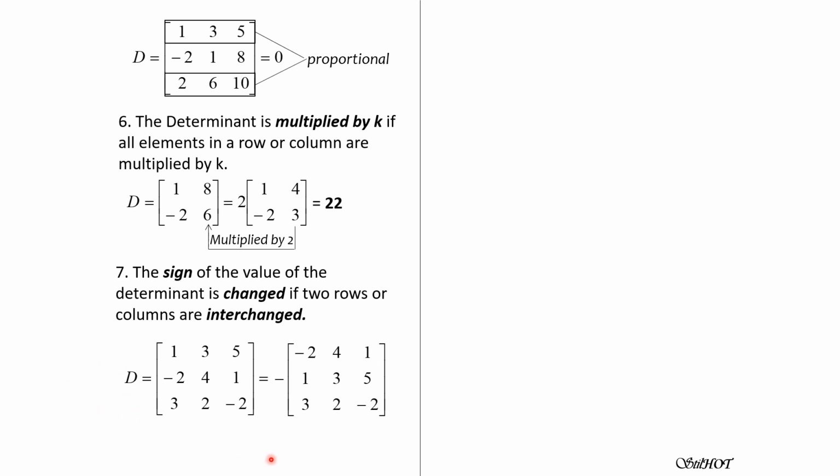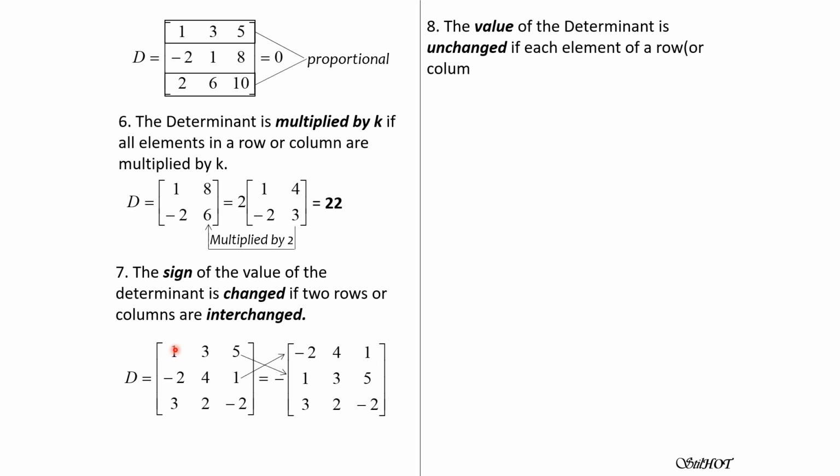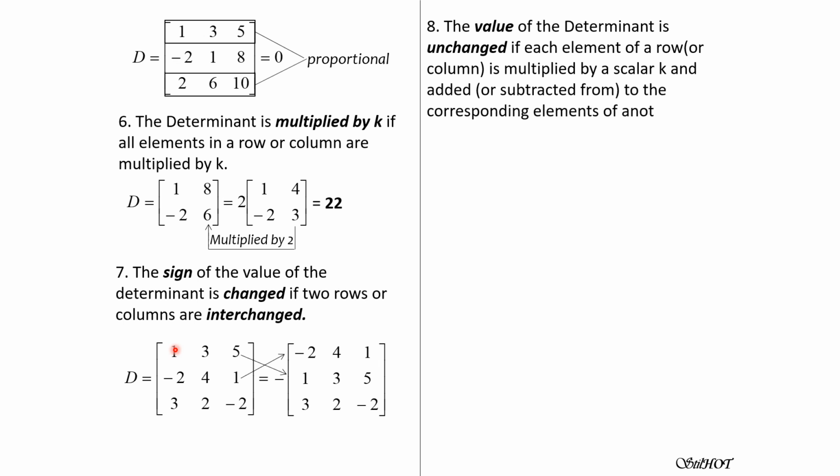So next, this is very important, especially in row operations. The value of the determinant is unchanged if each element of a row or column is multiplied by scalar k and added or subtracted from the corresponding elements of another row or column.